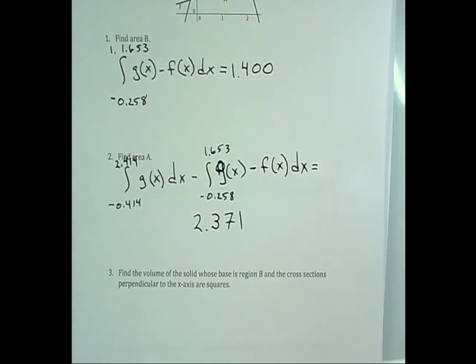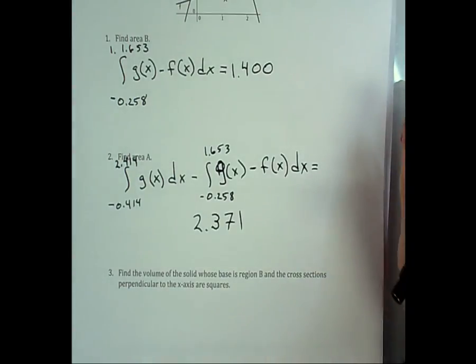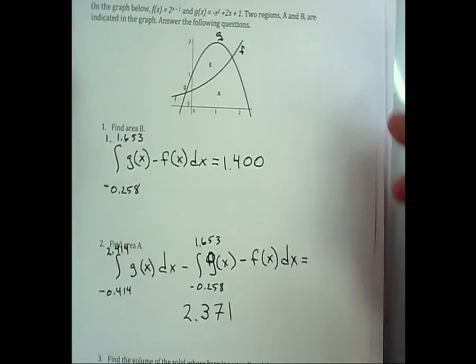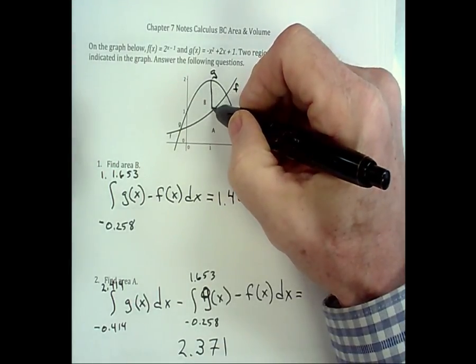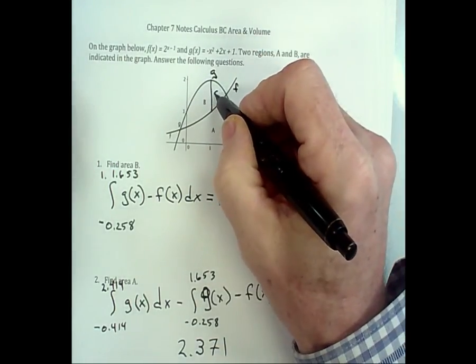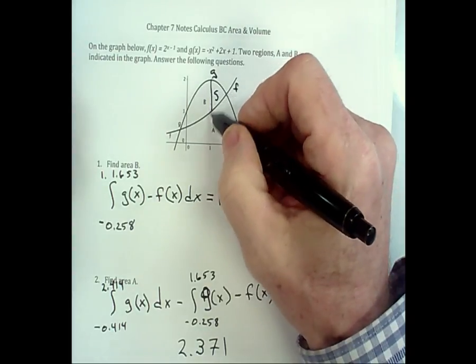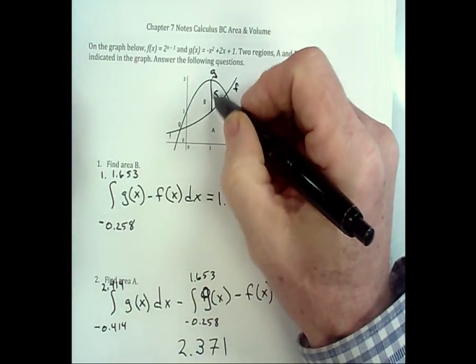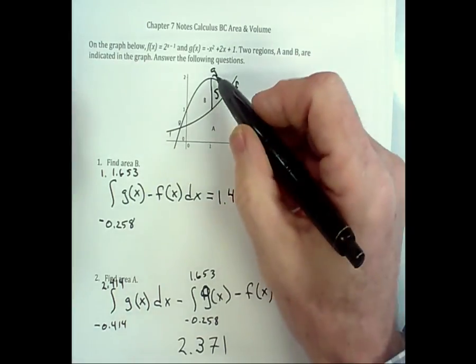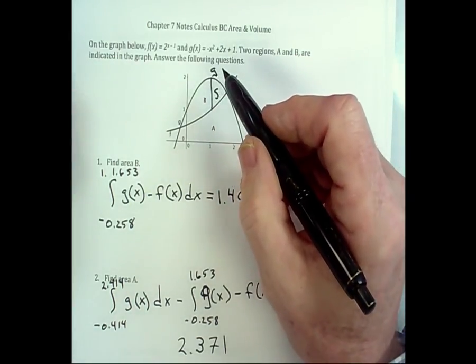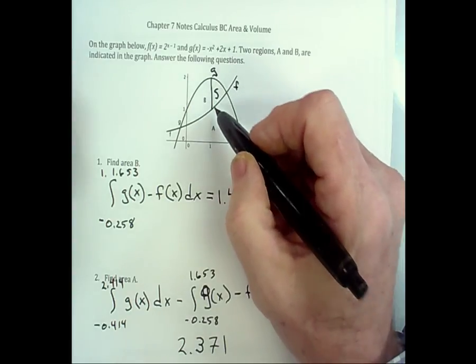Now, the volume of a solid whose base is region B and whose cross sections perpendicular to the x-axis are squares. I'm going to call the side S. If this were extended to the x-axis, my squares would be perpendicular, coming up in this direction and over and down.